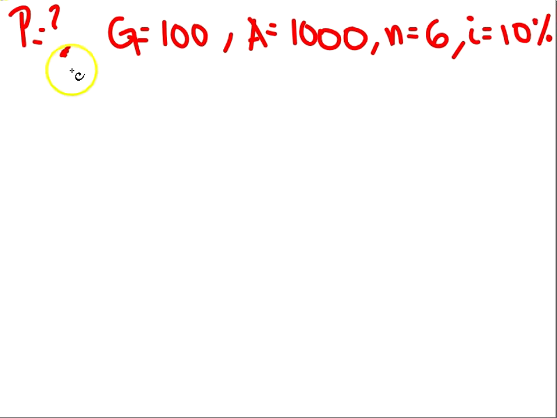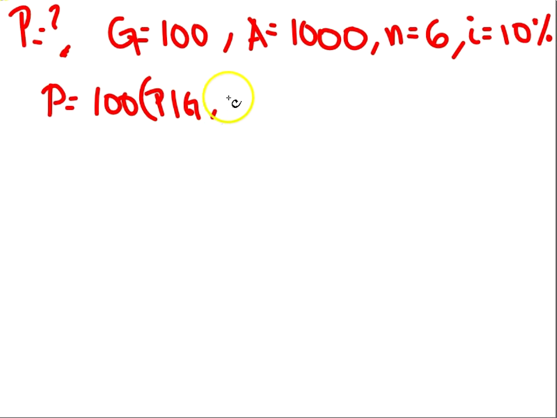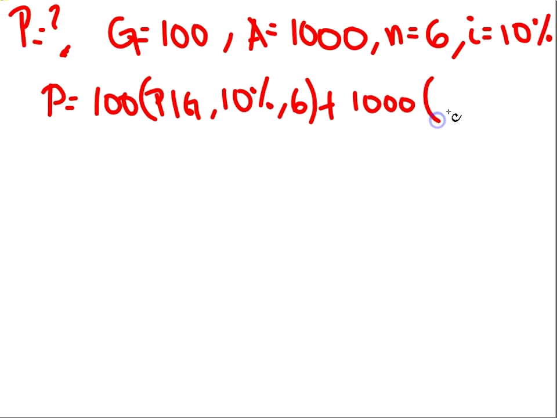So the equation that would define this problem is P equals the gradient, which is 100, times P given G for 10% and 6 periods, plus 1000 times P given A for 10% and 6 periods.